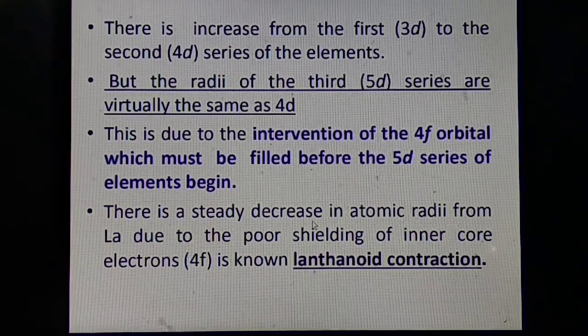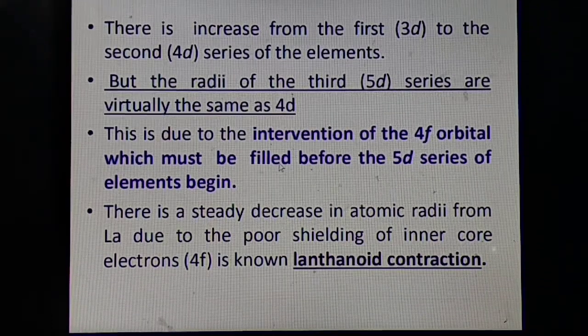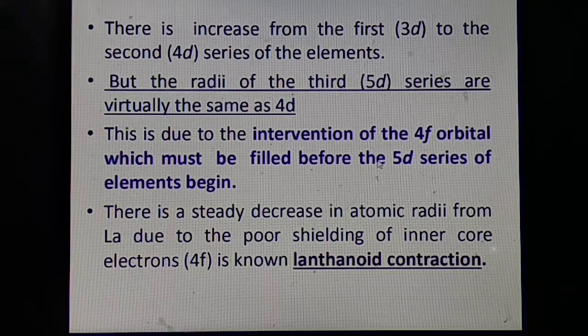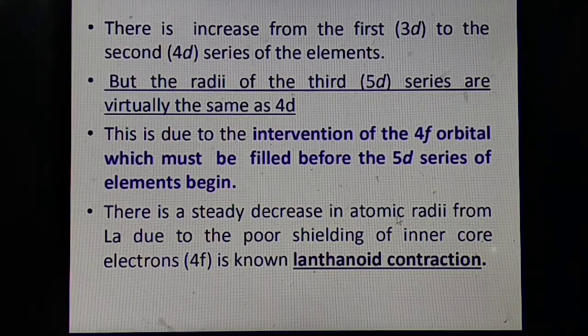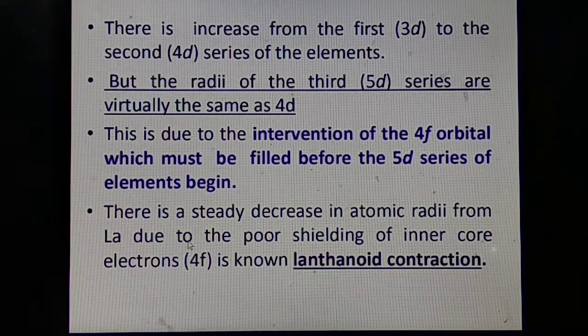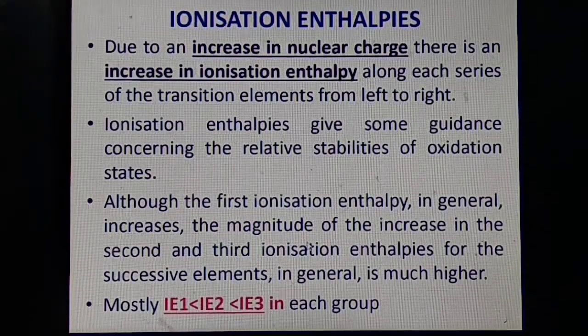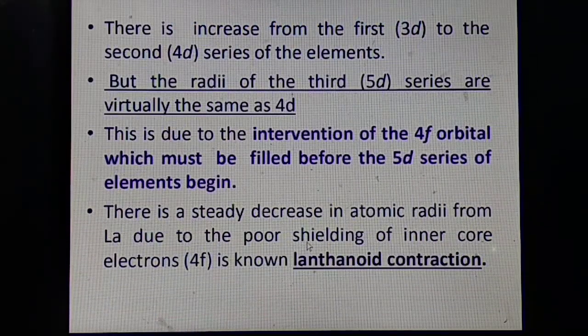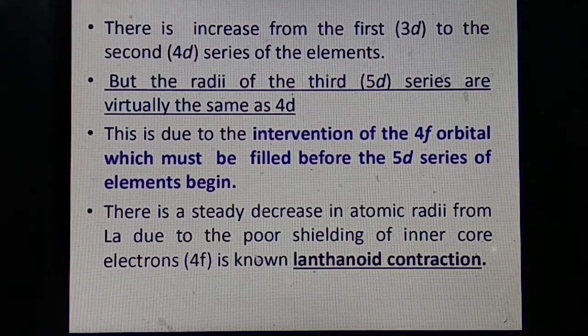This is due to the intervention of the 4f orbital, which must be filled before the 5D series of elements begin. There is a steady decrease in atomic radii from lanthanum due to the poor shielding of inner core electrons, 4f.